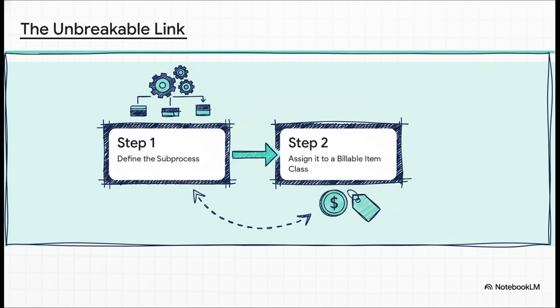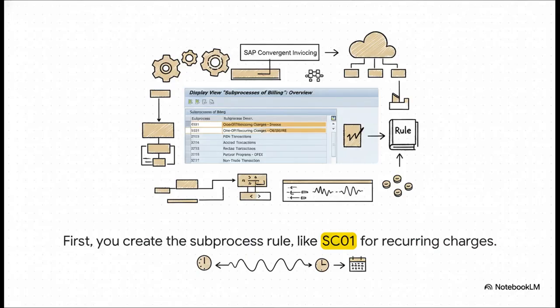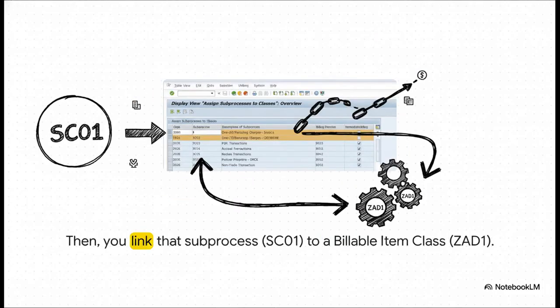It's just not possible. So let's peek into the system. Here in the define subprocesses of billing activity is where you actually create the subprocess. You can see one here, SC01 for recurring charges. This is step one. This is where the rule is actually born. And only once that's done can you go to this next screen, a totally separate step, and assign it. Here we see our new subprocess, S01, being linked to the billable item class ZAD1.